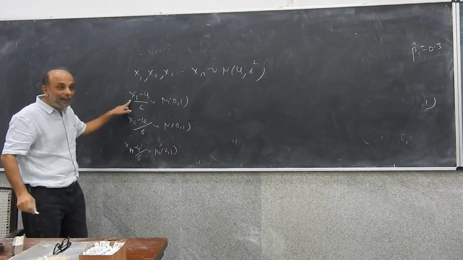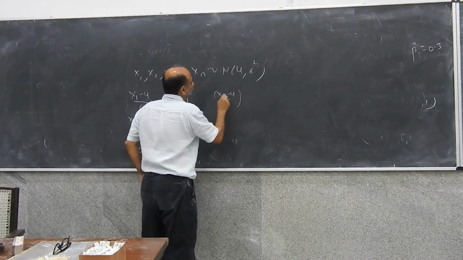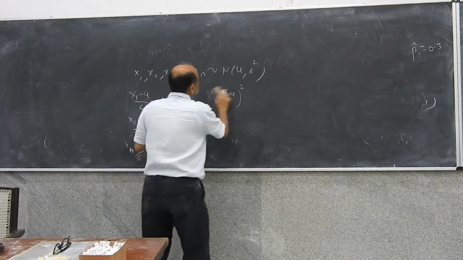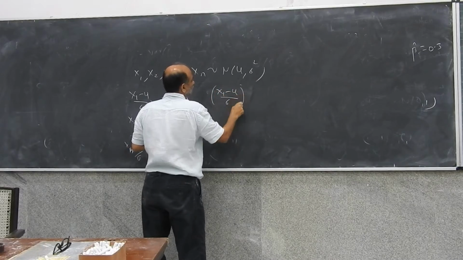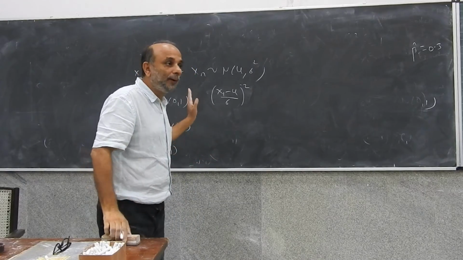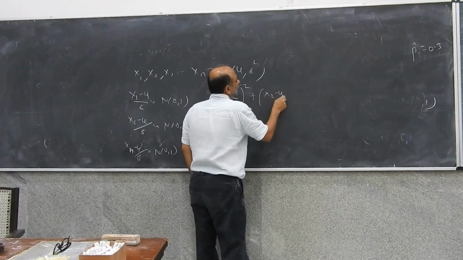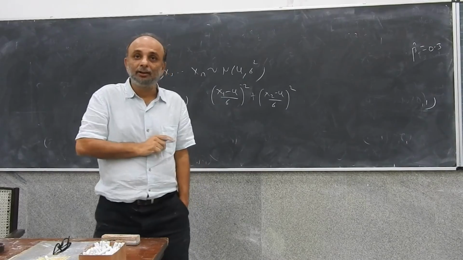Now think of squaring this. Think of x1 minus mu by sigma squared. So you square the first. Then you square the second. And all these are independent of each other.